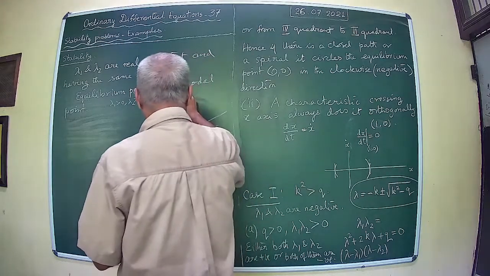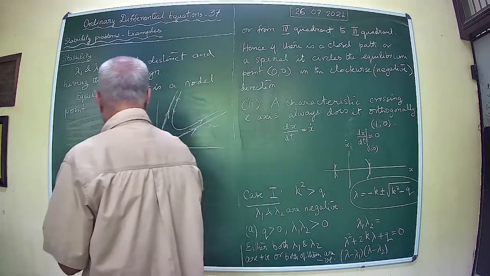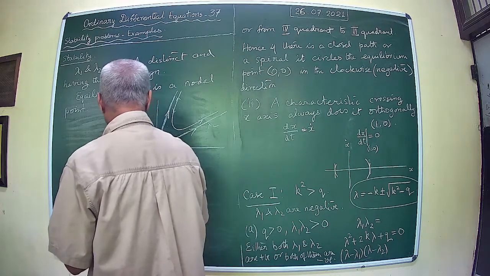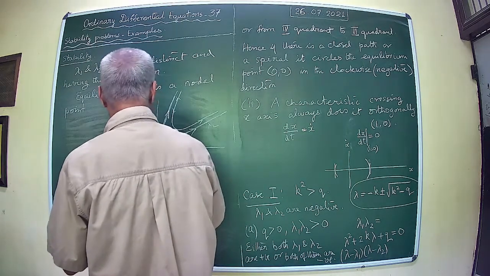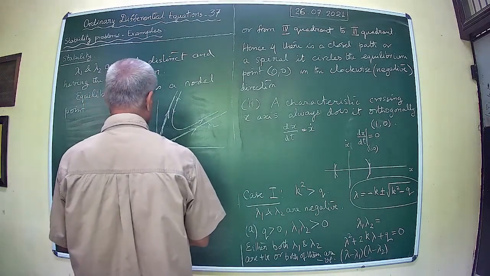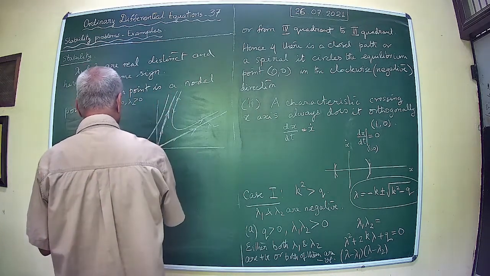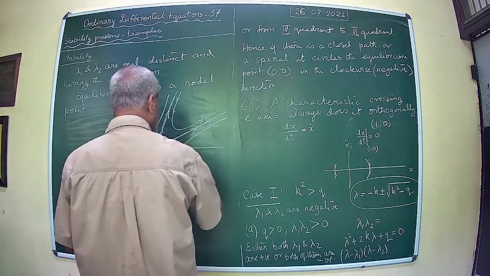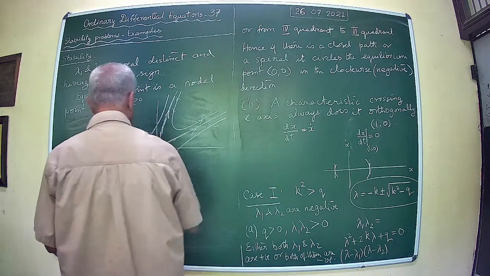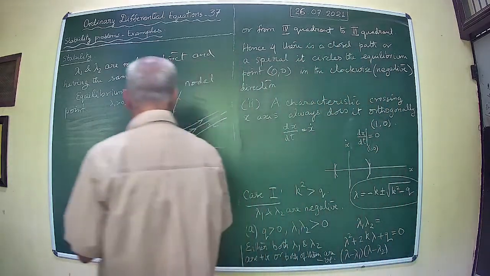So it could be something like this. All characteristics are going to be like this. But that, as I warned you, it may be along lambda 1 or lambda 2 depending on the relative value of this.